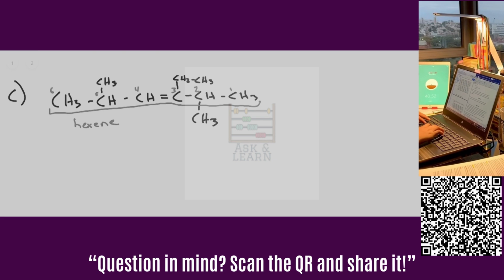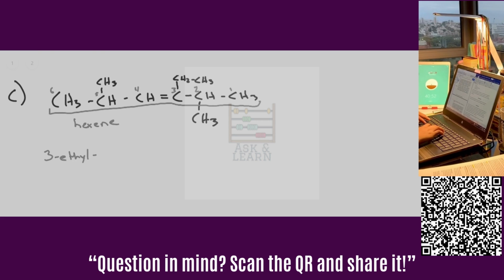So this is our numbering, and then we can see that we have a methyl at position 2 and position 5, and then we have an ethyl at position 3. So we remember that we want to include our substituents alphabetically. So ethyl comes before methyl. So we put the position of the ethyl, 3-ethyl.